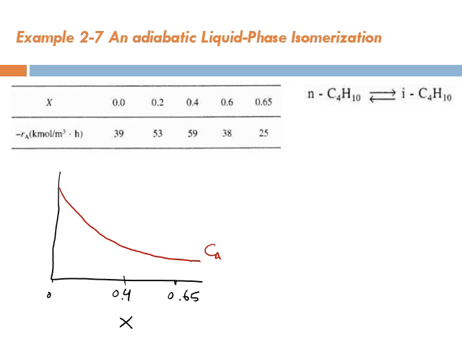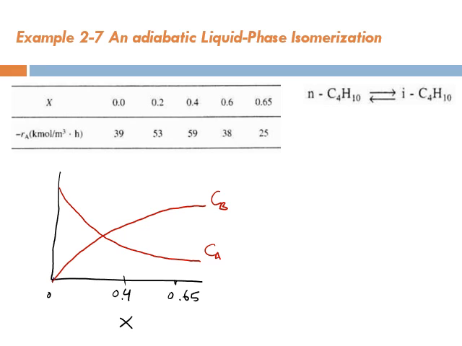What happens to the concentration of B? It increases as the reaction progresses, right? This is the concentration of B. What happens to the temperature? As the reaction progresses, the temperature will continue rising, right?